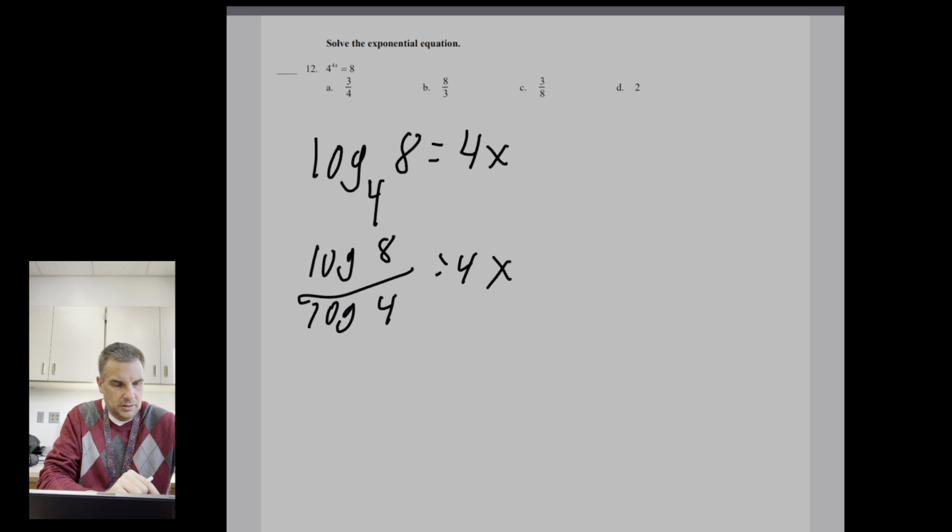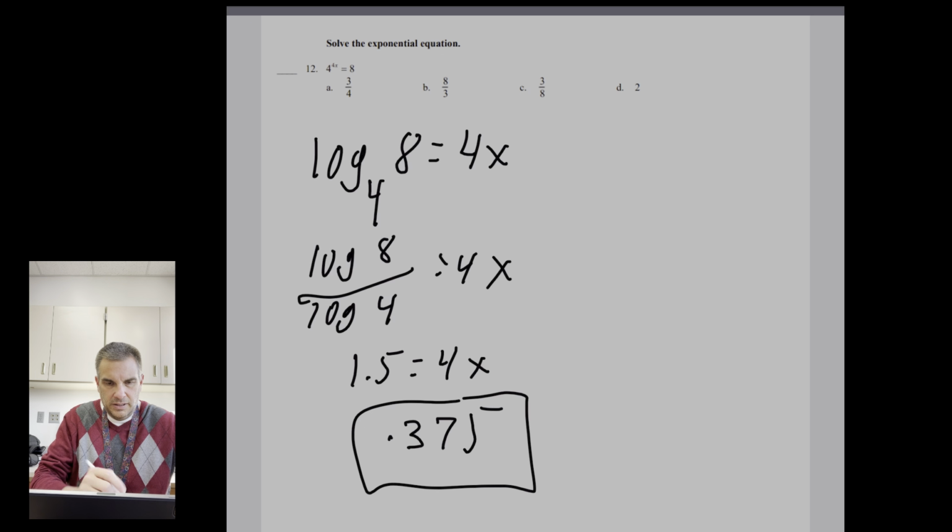Log of 8 divided by log of 4 is 1.5 equals 4x. Divide by 4 and you get 0.375. Well, that's not 0.75, so 3 divided by 8 is that. So the answer is C.